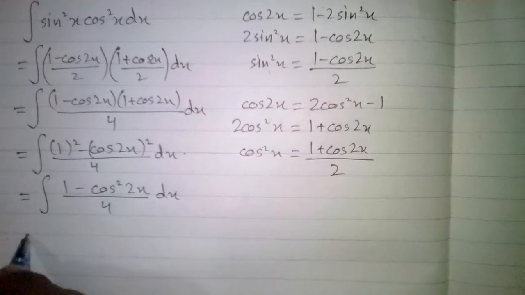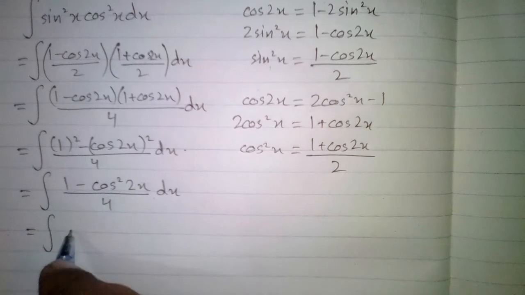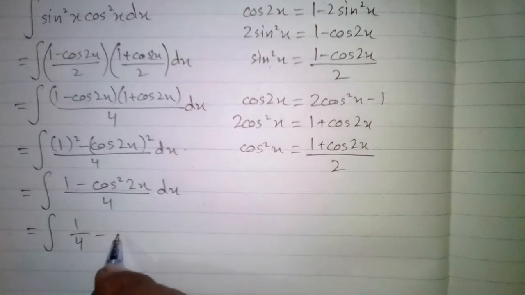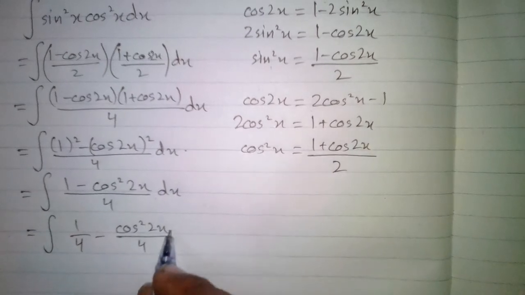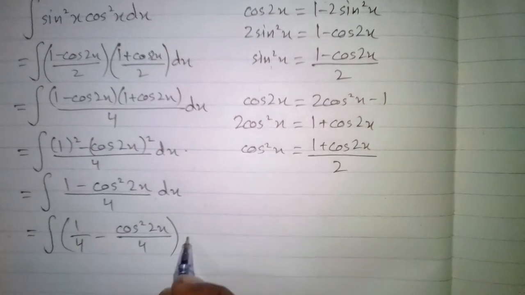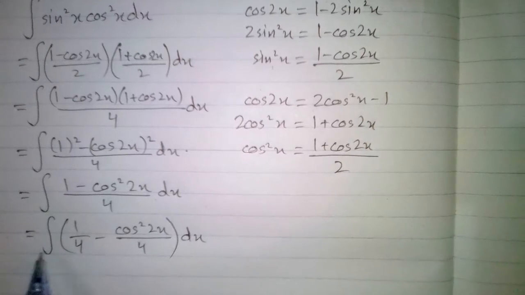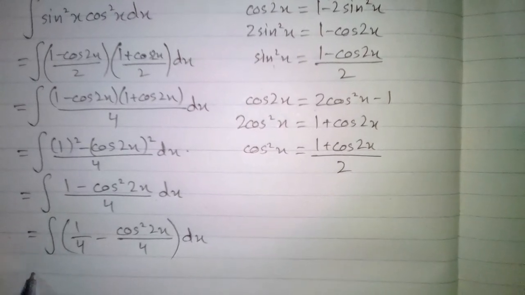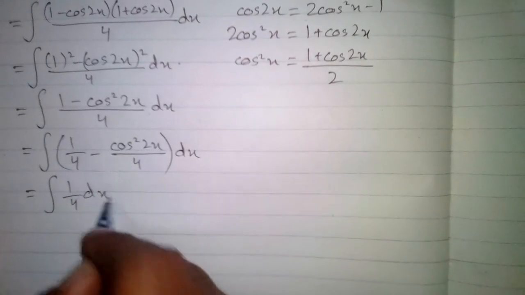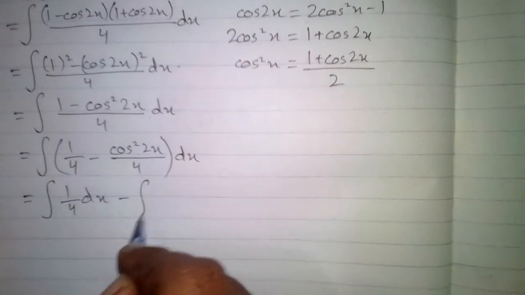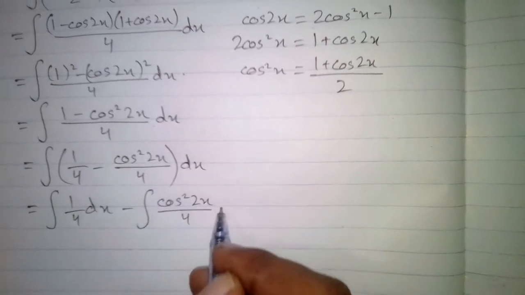Now this fraction can be written as 1 upon 4 minus cos square 2x upon 4. Now we will apply the integral on both of these fractions. So we have the integral of 1 upon 4 dx minus the integral of cos square 2x upon 4 dx.